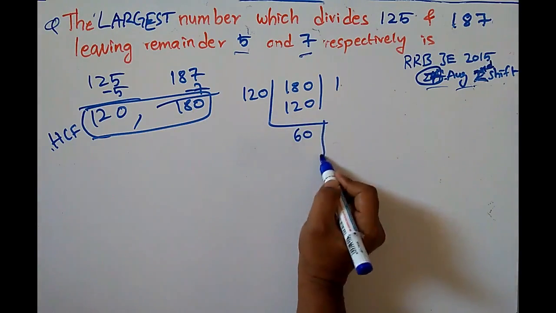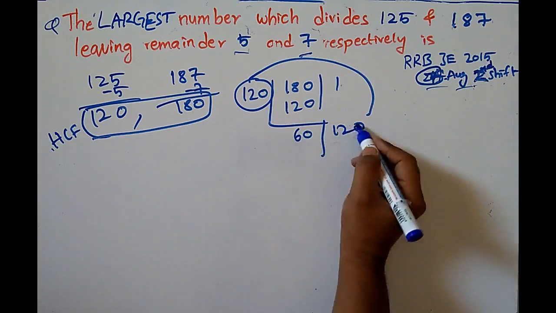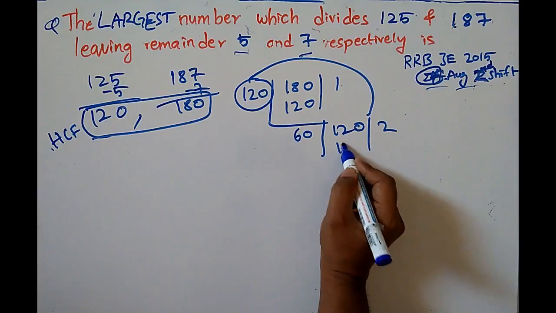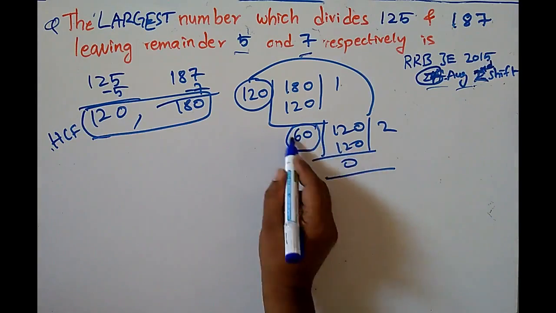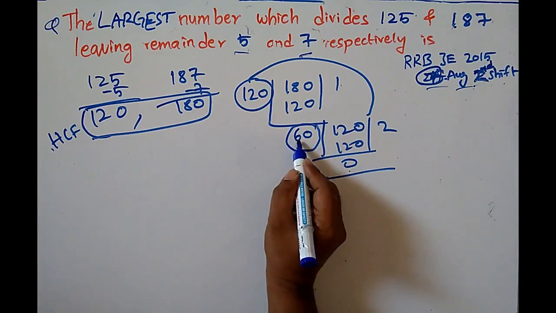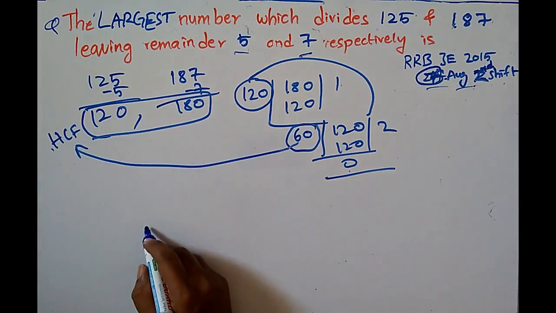We get remainder 60, 120. Bring back the divisor here and divide with the remainder. We get the last non-zero remainder before the 0. The non-zero remainder is nothing but the HCF.